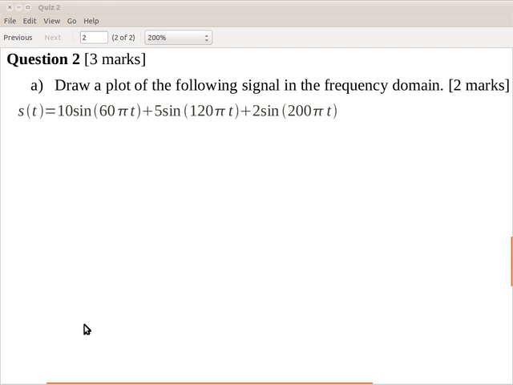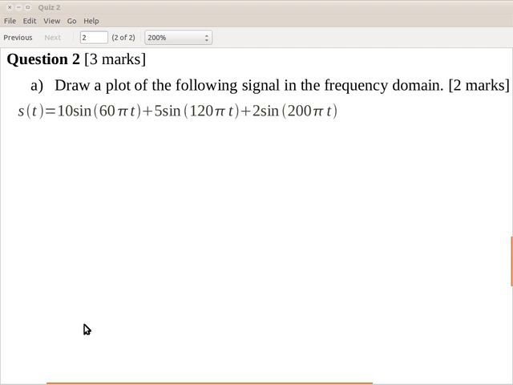Well, we have 60 pi t in the first component, which means 60 pi t, if we equate it to 2 pi f t, pi cancels out, t cancels out. 2 times f equals 60, f equals 30 hertz. The frequency of the first component is 30 hertz.